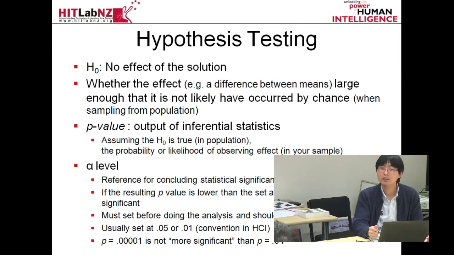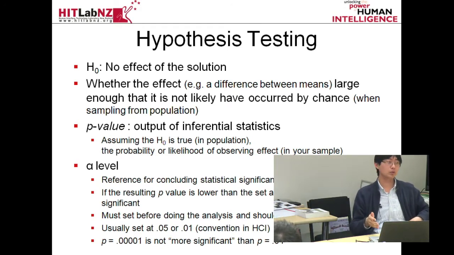But you can choose if you want to use 5% or 1%, can't you? Yeah, you can choose 5% or 1%, or you can even choose 10%, like 0.1. It's up to you, but that's not saying that one is more significant. So deciding significant or not is based on the alpha level you set.